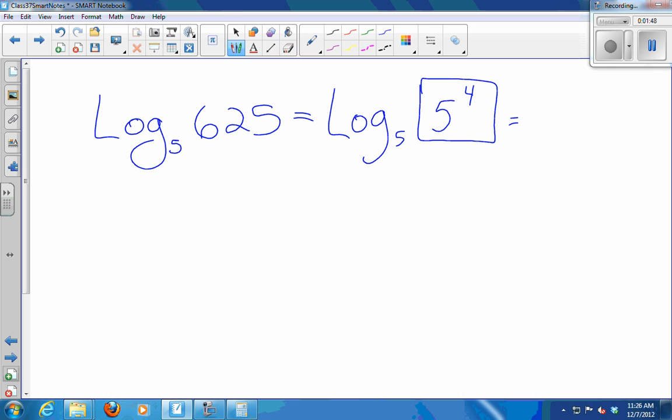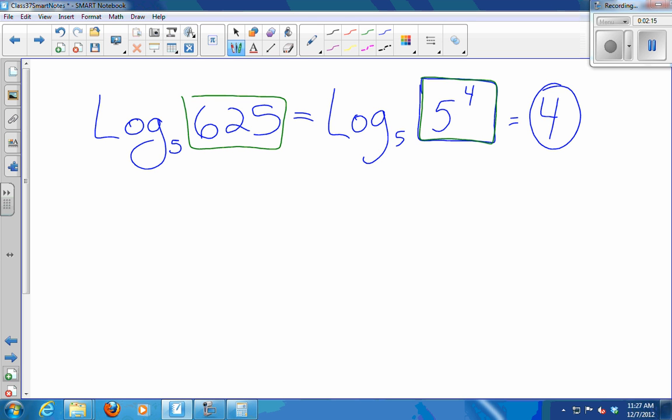So I rewrote 625 as 5 to the fourth, because they told me what base to use to rewrite it. And then the logarithm is the liftoff function. You lift off the exponent and you get 4.